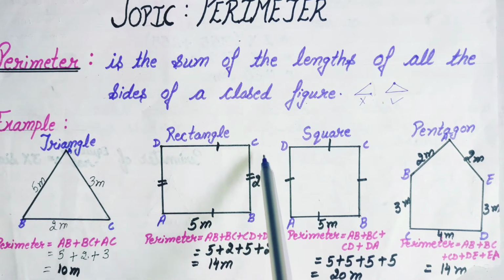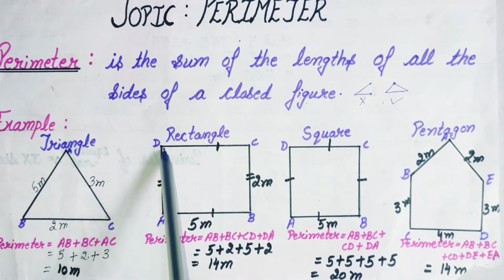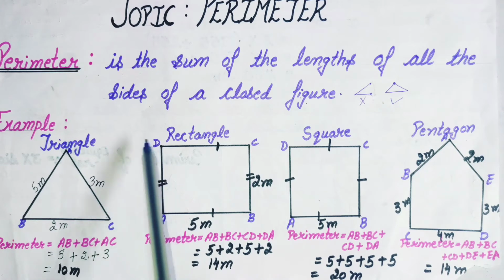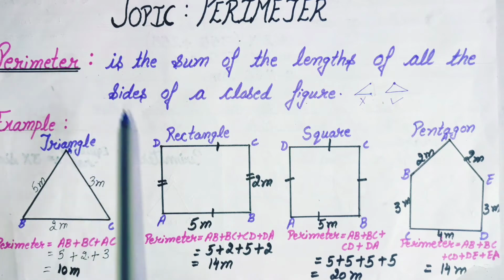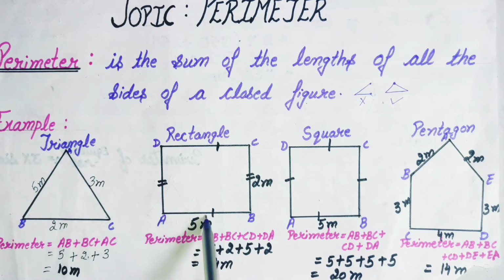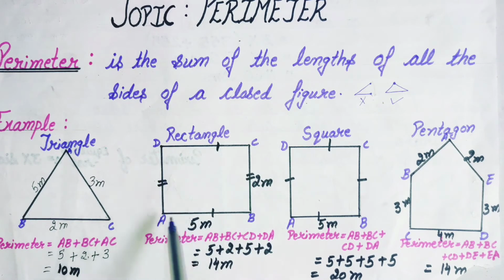If BC is 2 meter, then AD will also be 2 meter. Now the question is saying to find the perimeter. So what do we have to do? We have to add the lengths of all its sides, right? So AB plus BC plus CD plus AD. When we add all the sides, we will get 14 meter as the perimeter.